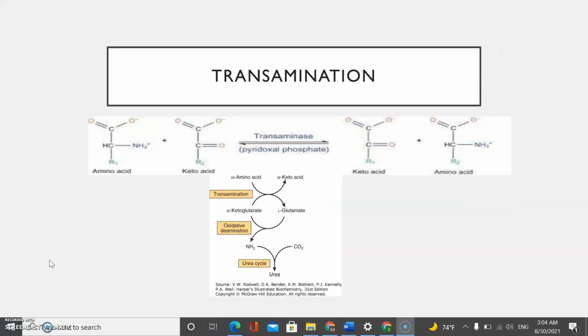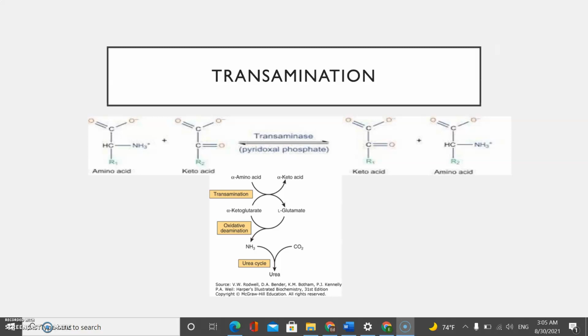Before I proceed further, I would like to discuss the process of transamination. This is where an amino group is transferred from an amino acid to a keto acid. This reaction does not free ammonia, and it needs a transferase enzyme and pyridoxal phosphate.